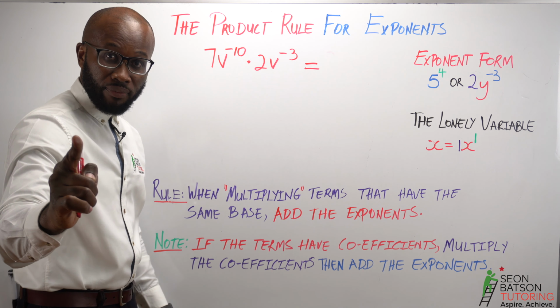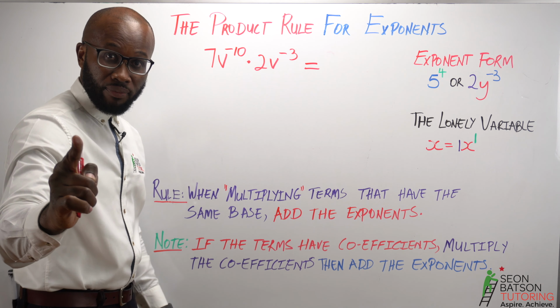Since my terms have the same base, I can add their exponents. So I have v to the negative 10 times v to the negative 3. So this will give me v to the negative 10 plus negative 3. Right?